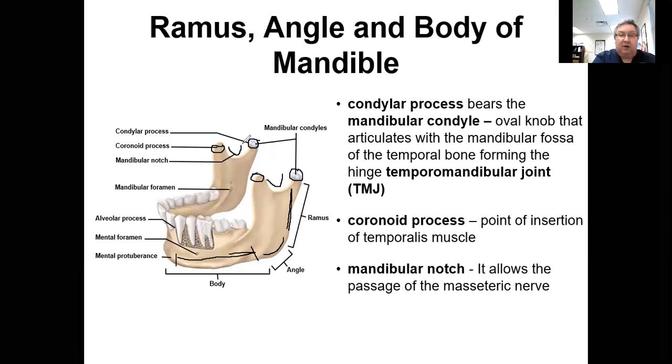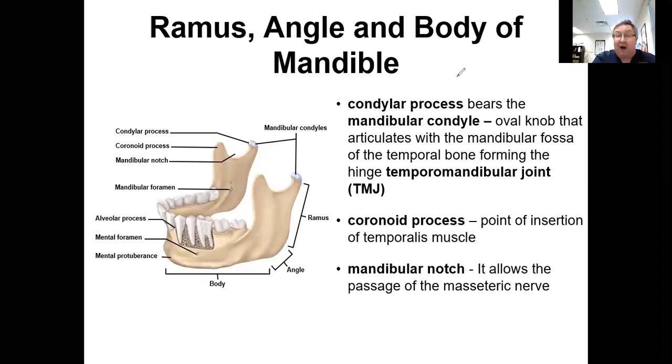So you will need to know the body of the mandible. You'll need to know the angle, the ramus, and the mandibular condyle, because it articulates with the skull, the coronoid process, and the mandibular notch.